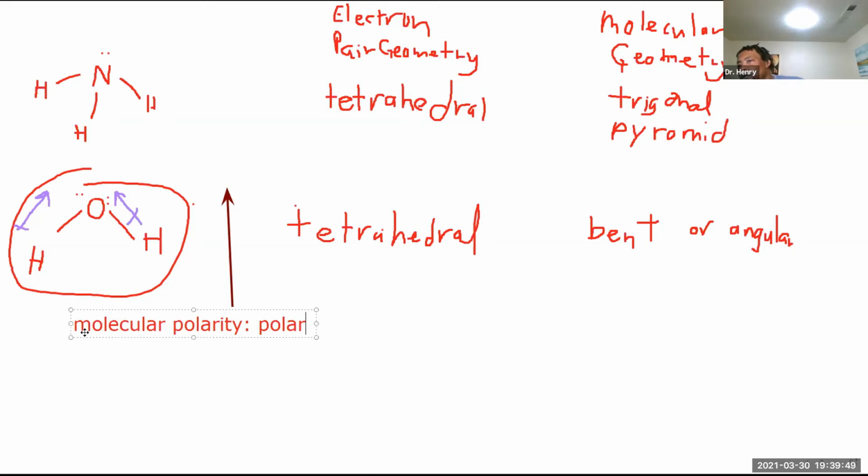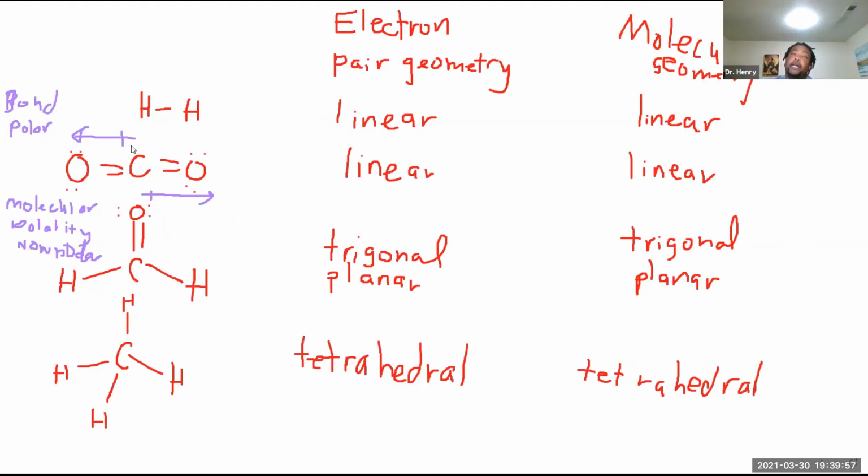Okay. Let me go back to the carbon dioxide. Now you had oxygen over here and oxygen over here, and they were both pulling electrons evenly. So there's a term called symmetry. Symmetry is basically when things are even.